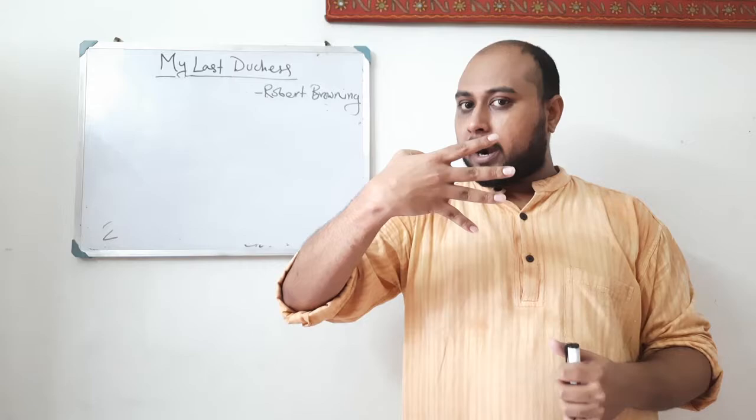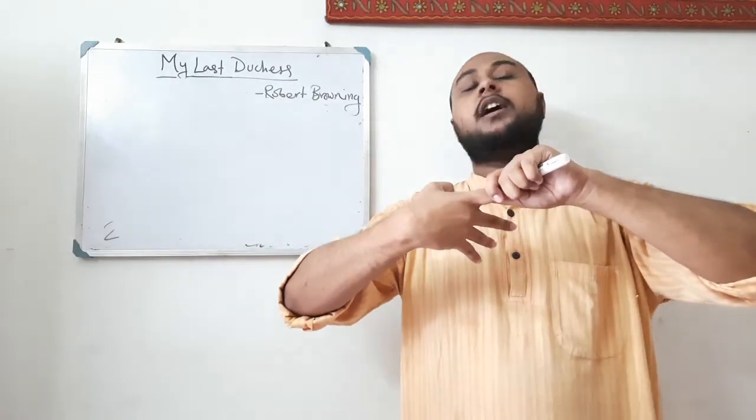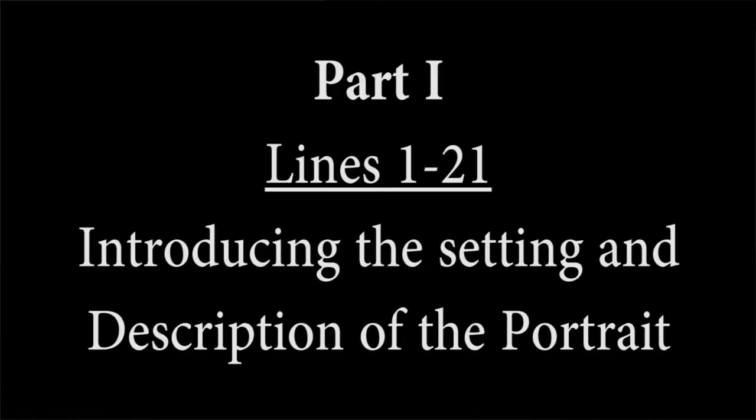Of the four parts, the first introduced the painting, what the Duke thinks about the painting and its smile, how the Duke considers other people, the Duchess, the painter Fra Pandolf, and the character of the Duke becomes a little clearer.